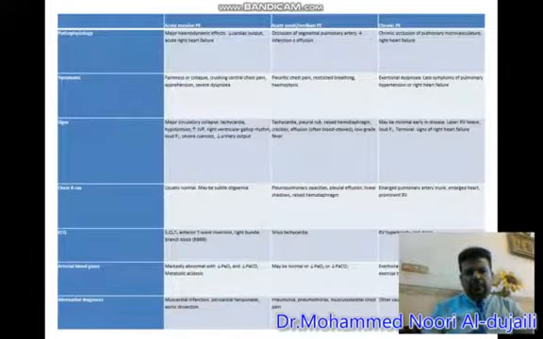This table shows the differences between the massive, small to medium-sized, and chronic pulmonary emboli, starting from the pathophysiology, symptoms, signs, chest X-ray, ECG, arterial blood gases, and alternative diagnosis.